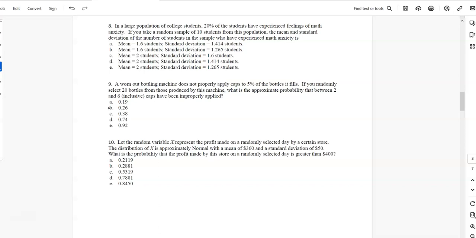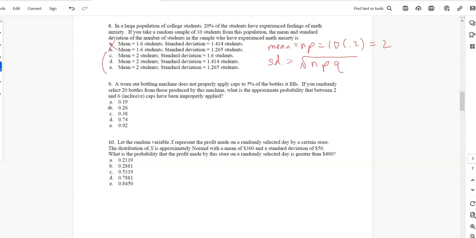Okay, so the mean formula for binomial is n times p. So that would be 10 times 0.2, which is 2. So I know it's one of these. It's not one of those guys. And the formula for standard deviation is square root of n times p times q.